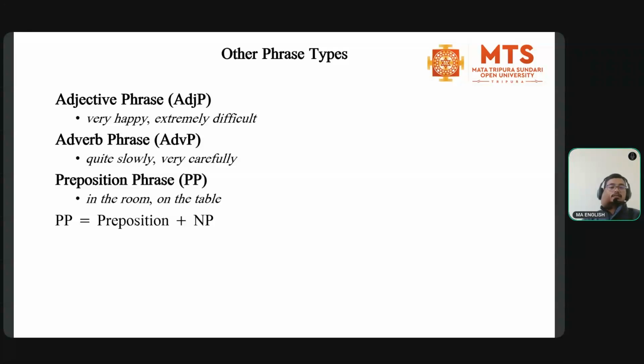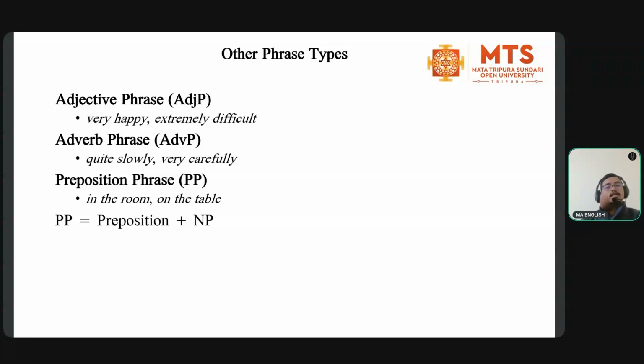Before I move on to the next slides, I would like to quickly summarize all these phrases from noun phrase to prepositional phrases. As you can see, syntax focuses on phrases, right, not individual words.